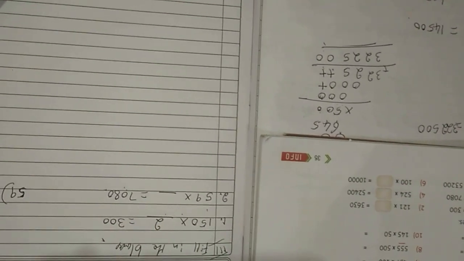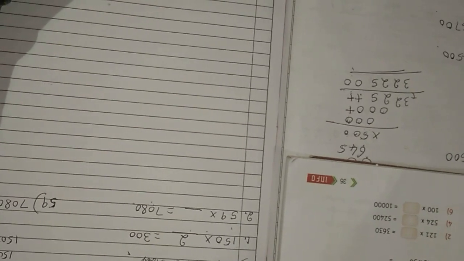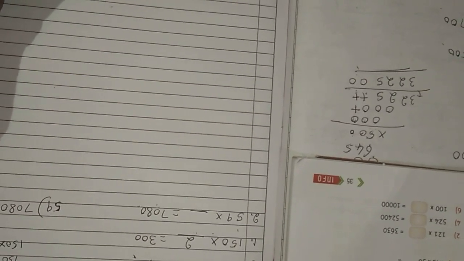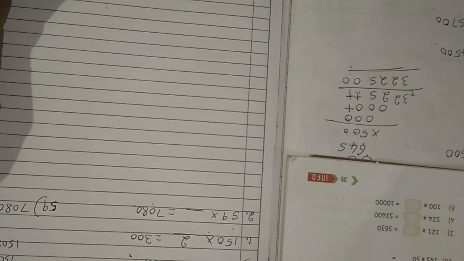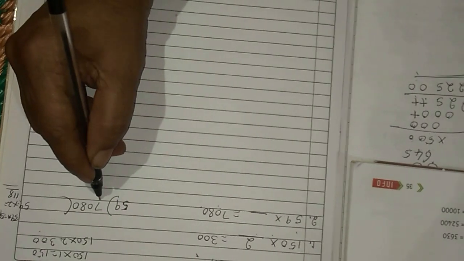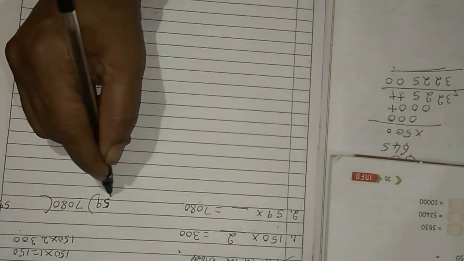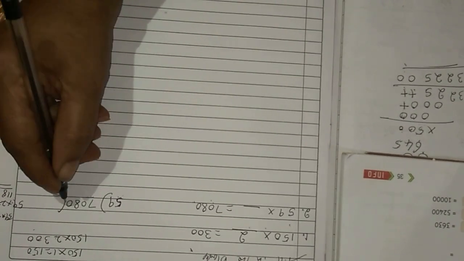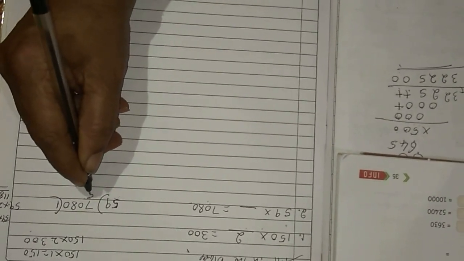See, if you know the table, 59 ones are 59. 59 twos are, 2 nines are 18, 1 carry, 2 fives are 10, 11, 118 will come. So you will take 2 digits because 59 is smaller than 70. So you can take 59 ones are 59.